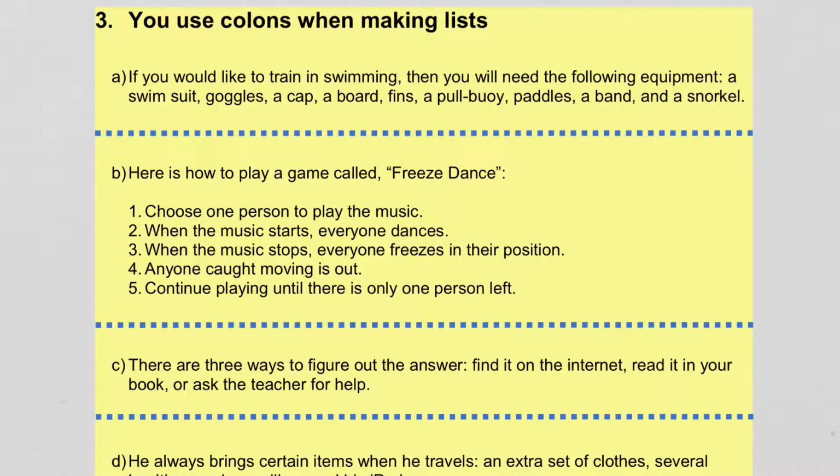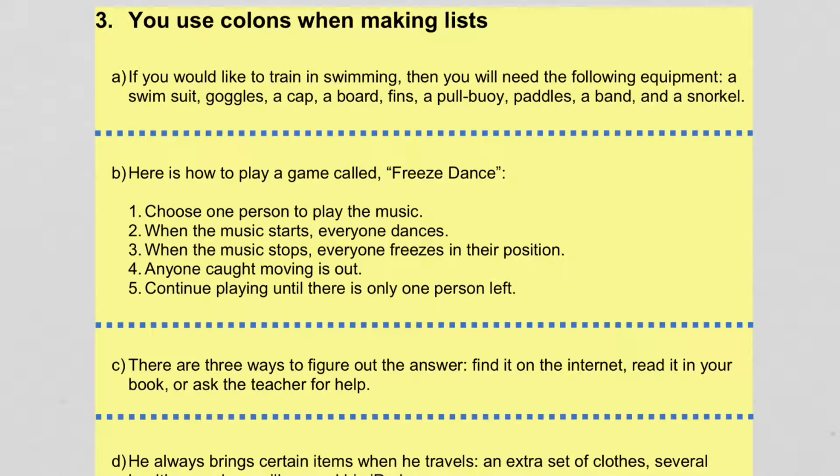If I were to take out the words the following and the words then you will need the following equipment, then I could just write it out without a colon. I could say, if you would like to train in swimming, then please bring a swimsuit, goggles, a cap, a board, right? Then I wouldn't need a colon, but because I've got these words here, then you will need the following things.